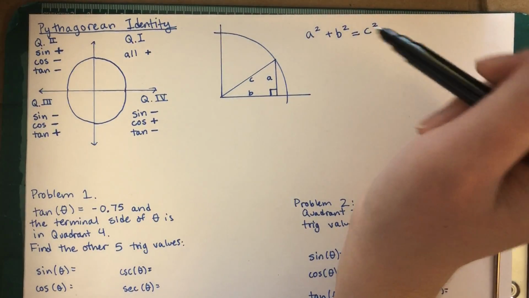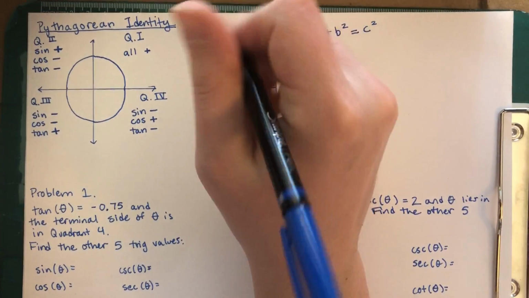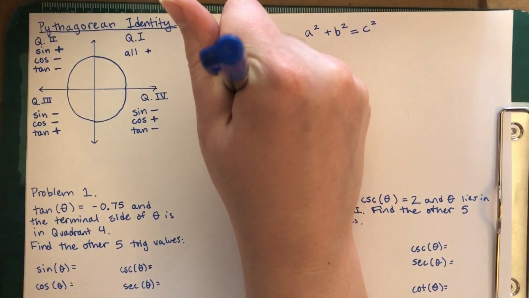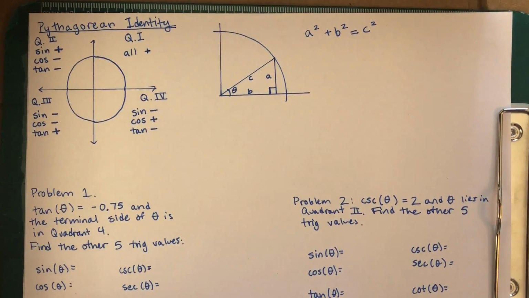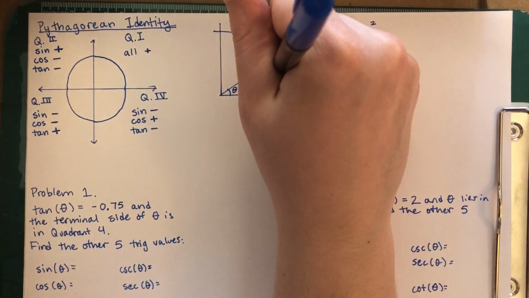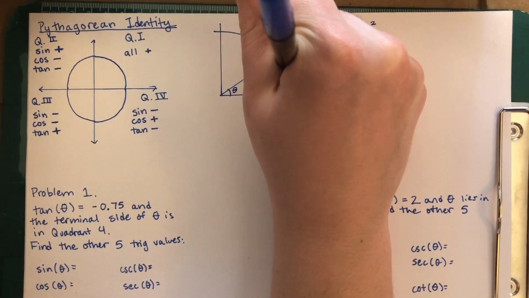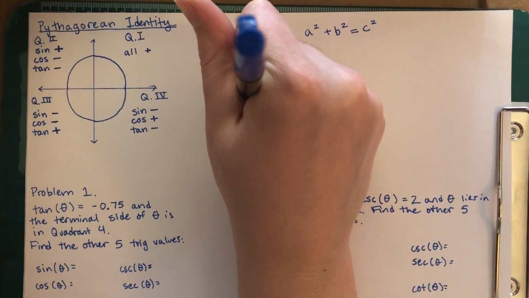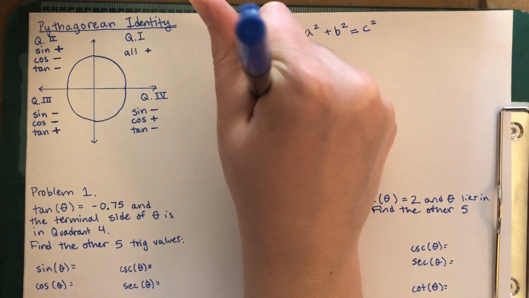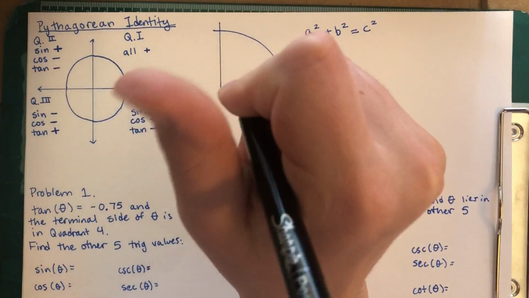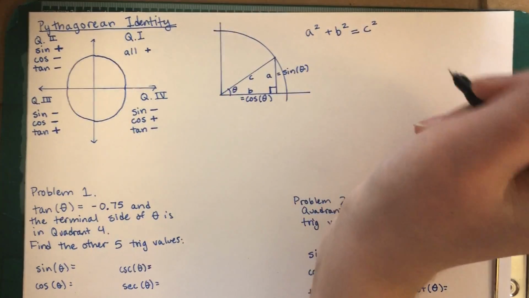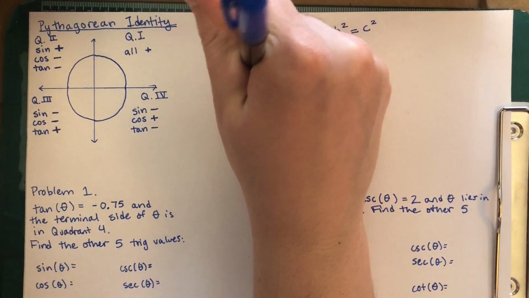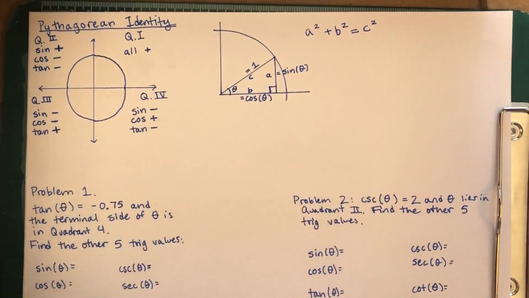But we also learned about how to draw these right triangles in the unit circle so that we can describe them based on the angle theta. So if I label this angle here, A is the same thing as the sine of theta, B is the same thing as the cosine of theta, and C is the hypotenuse, but because this is supposed to be the unit circle, this has a length of 1.